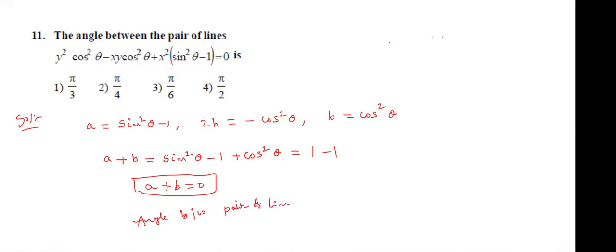How much, students? 90 degrees. If the two lines are perpendicular, then a plus b is equal to 0, or not? That means the coefficient of x square plus the coefficient of y square is equal to 0, which means the angle between the pair of lines is 90 degrees.